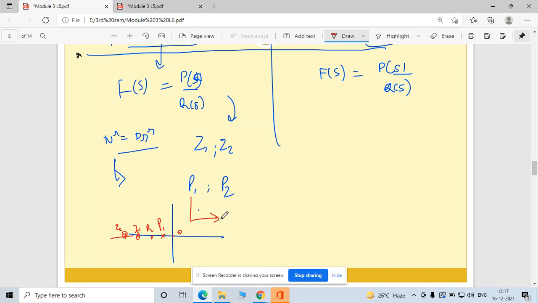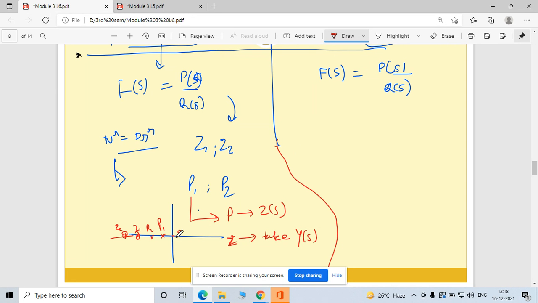So at that time, you have to take Z of S, right? If the pole is critical, then you have to use Z of S. If the zeros are critical, then you have to take Y of S. That means when poles are near to the origin, you have to take Z of S and solve the circuit, right?